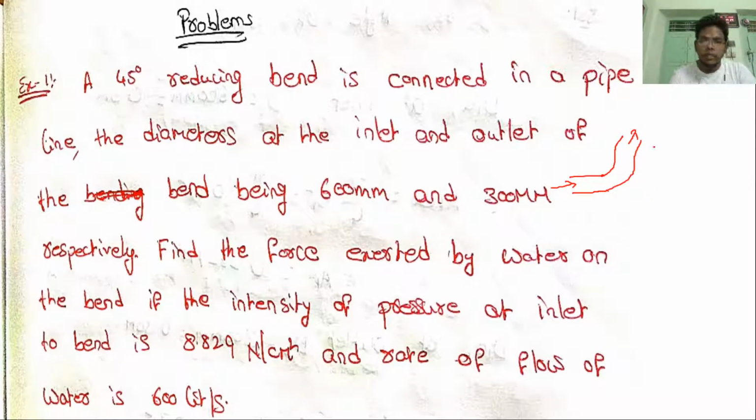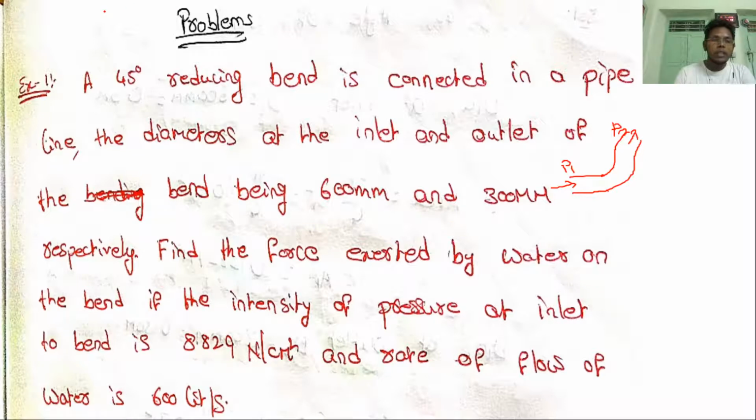Here this one we can say P1, the pipe pressure at 1, and at this location we can say P2. At inlet the diameter is 600 mm and at outlet the diameter is 300 mm.